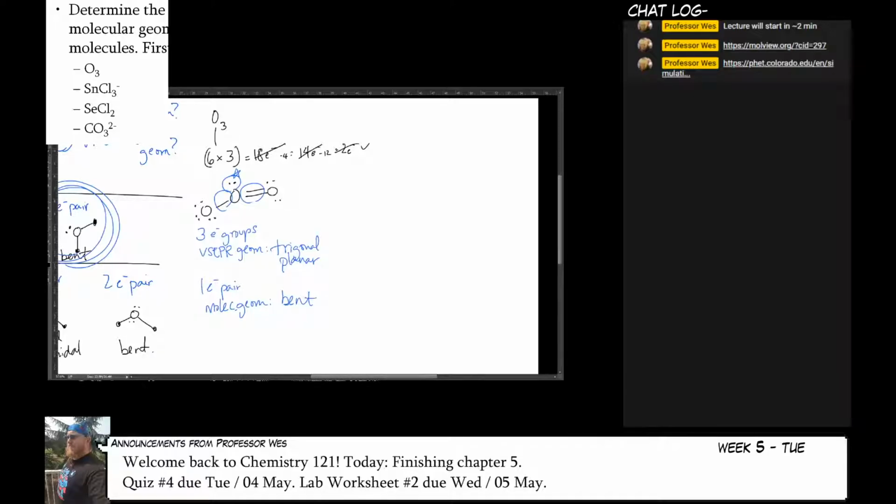Let's do SnCl3 here. Is there a minus on that? There is. Okay. So tin gives you 4 electrons. Each chlorine is 7. There are 3 chlorines. And this minus is an additional electron. So that's 26 electrons to work with.